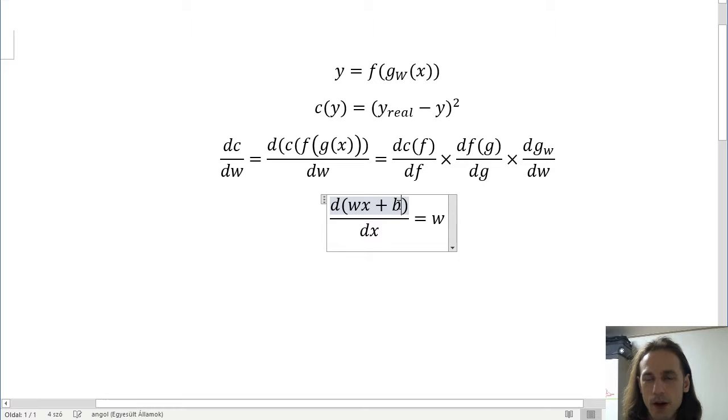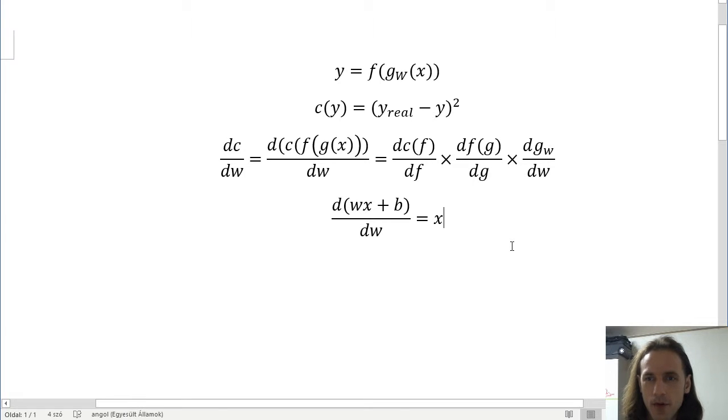We have this bias vector, and we have this weight over x. So this is now another vector, and let's say x is a scalar, just one number. Here we want to get the w, and that's going to be x.